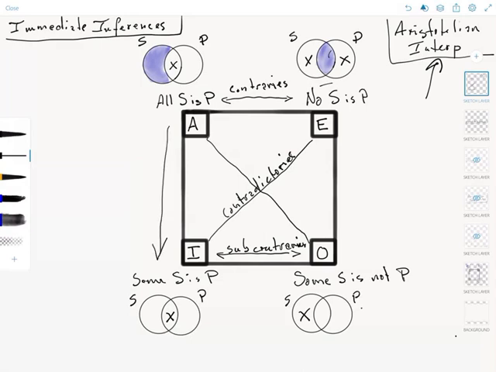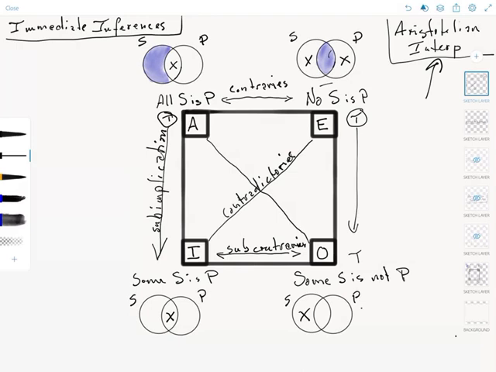This relation is called subimplication. Subimplication says that if the A is true, the corresponding I has to be true. And if the E proposition is true, then the corresponding O has to be true. Okay, so it goes down from true to true.